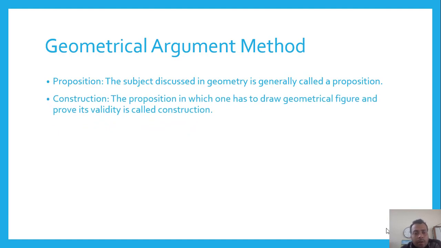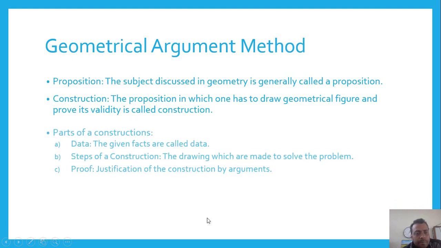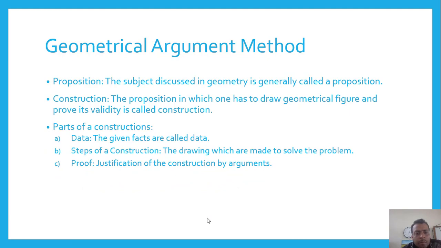Construction. Constructions are the drawings that are made and justified by geometry. To put it more formally, the proposition in which one has to draw a geometrical figure and prove its validity is called construction. Parts of a construction.